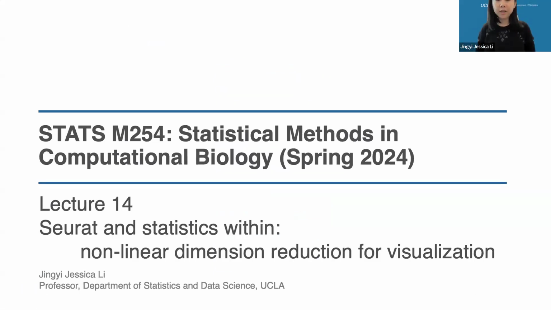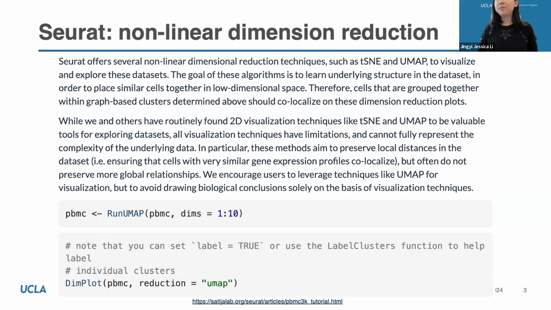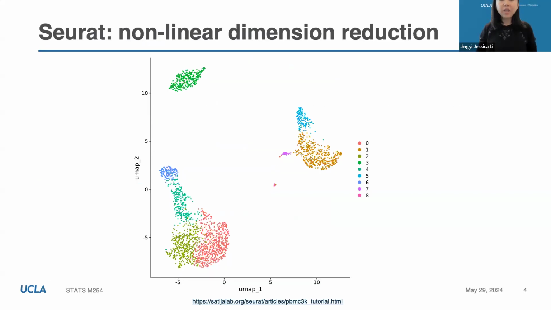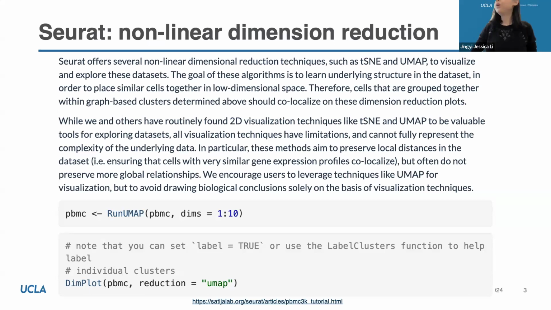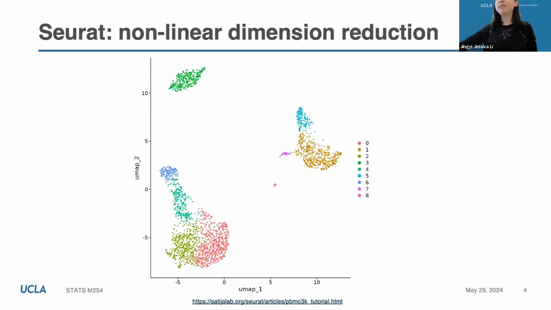So before we move on to the last step, this is what we did last time, the nonlinear dimension reduction for visualization. Just a very quick recap, since it has been 1 week. We talked about, in Seurat, it's the UMAP. UMAP is now the default way to go. Previously, it was t-SNE. I guess the main reason why UMAP is now used is that it's faster. And also people think UMAP has better preservation of the global topology, the relative locations of the cell groups or cell clusters.